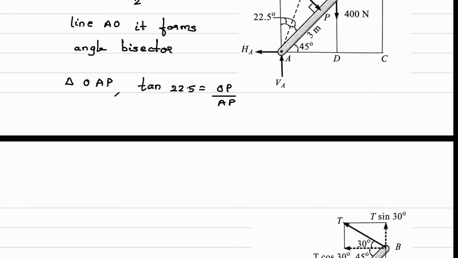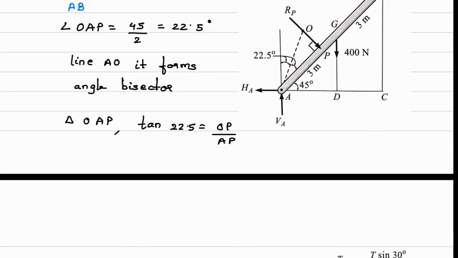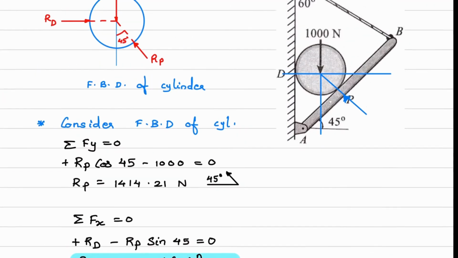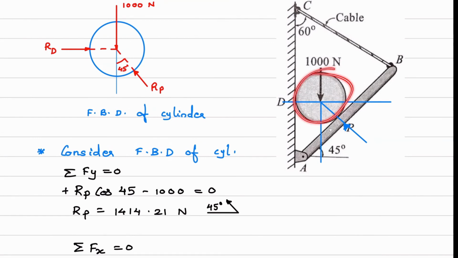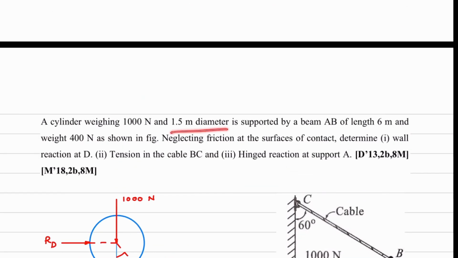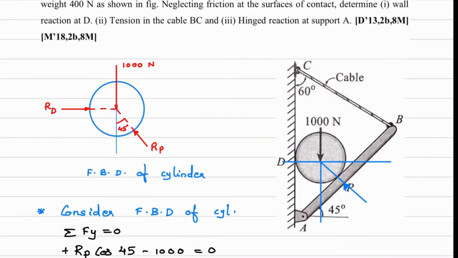Okay, now what is this OP? This OP will be the radius of the cylinder. So this is the cylinder and this will be that OP distance. What is the diameter given here? 1.5 meter. So half of 1.5 will be 0.75 meter.